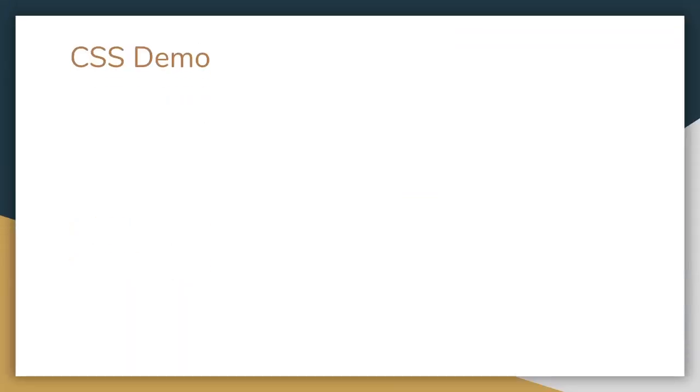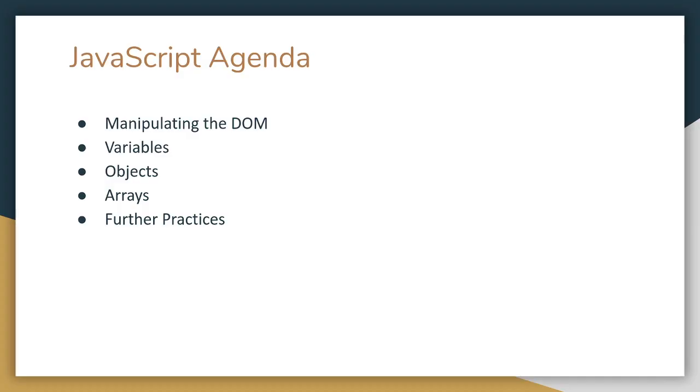Okay, and so now we're going to continue on to adding JavaScript in. So JavaScript will be our most important asset in adding in the state for keeping track of the clicks.